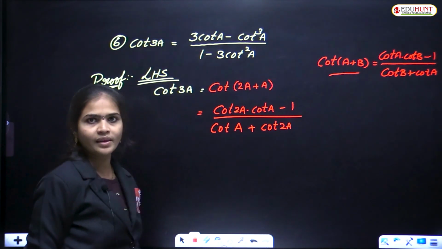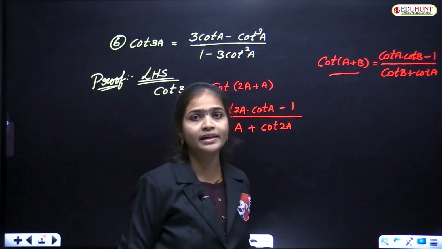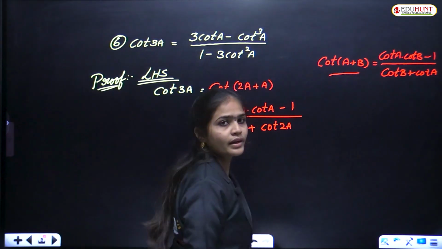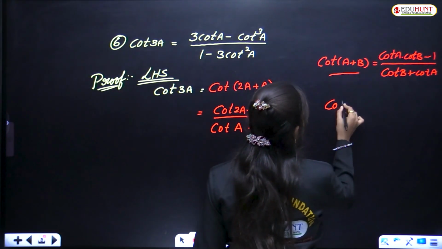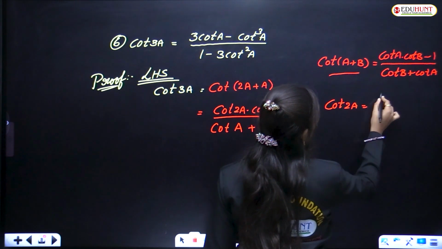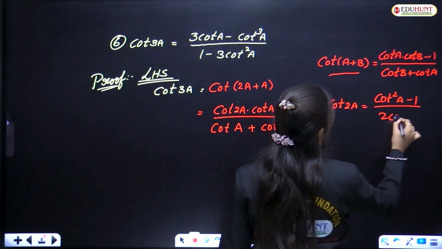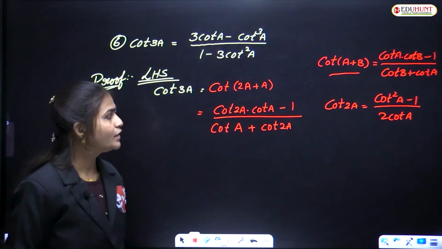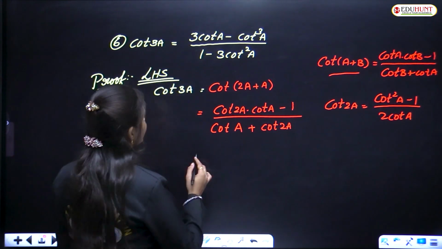Understand? Now here we have to write the cot 2A formula in terms of cot. We already learnt the cot 2A formula, no? Cot 2A is equal to cot square A minus 1 by 2 cot A. That is the formula for cot 2A, so apply that formula here.